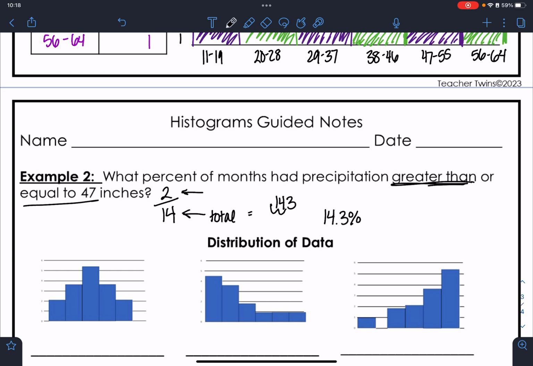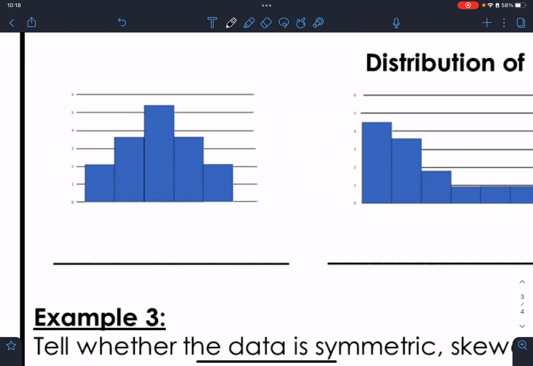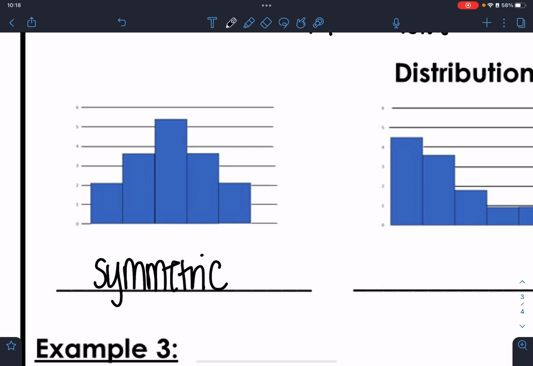Okay, now we're going to talk very quickly about some ways that we can describe this data. If we see data that looks like this, like the first example that we did, where it was lower on the sides and in the middle you see a peak, we would call this a symmetric histogram, meaning that it follows a nice curve.